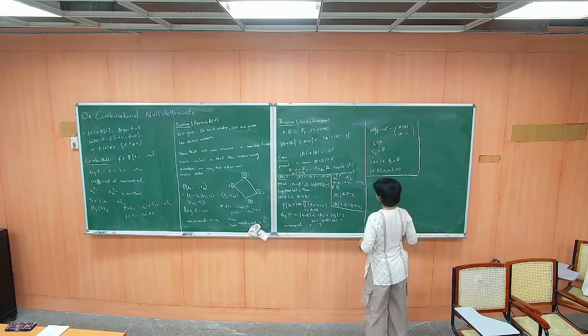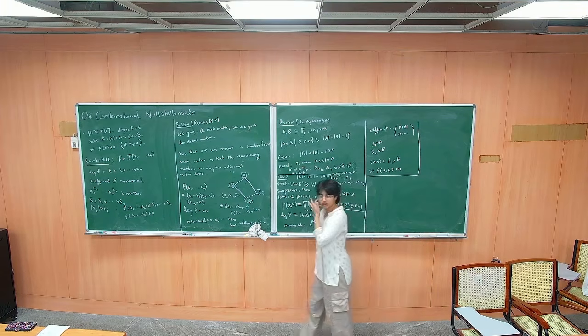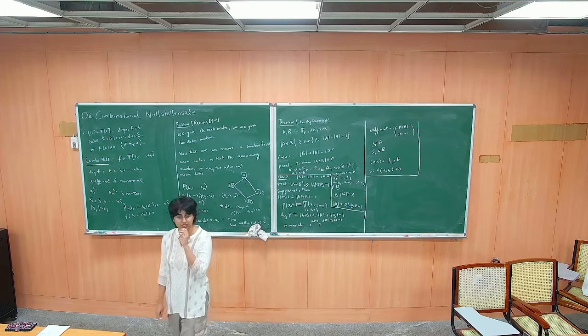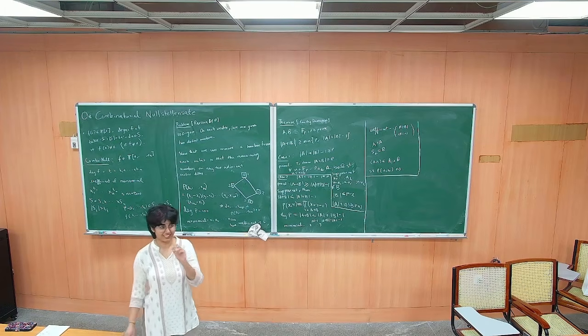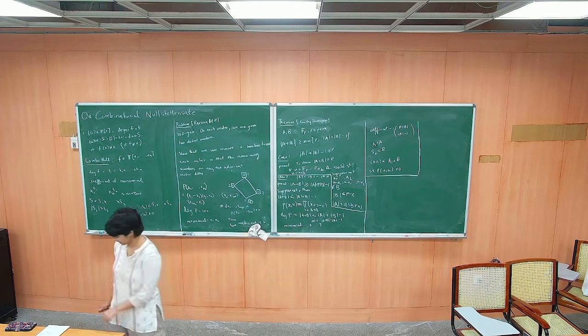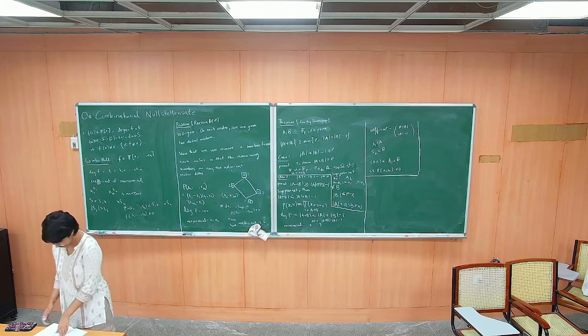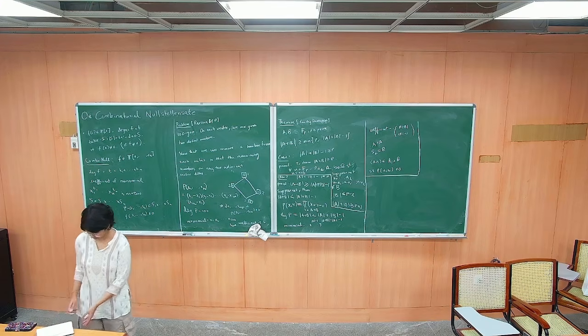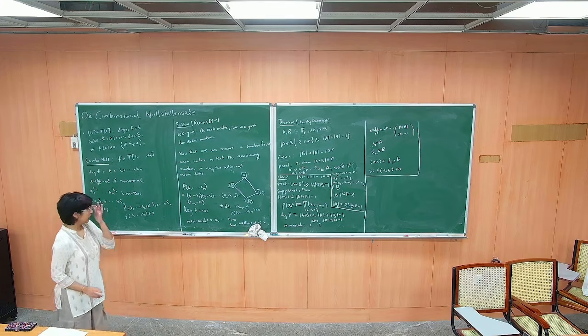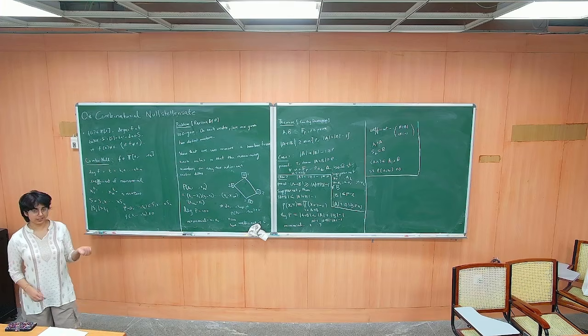Not easy, okay. The important thing about combinatorial Nullstellensatz is you should know how to find the right polynomials.